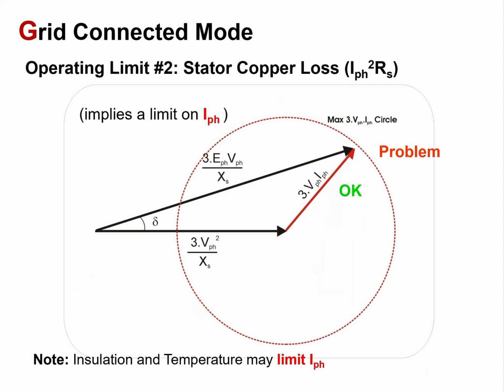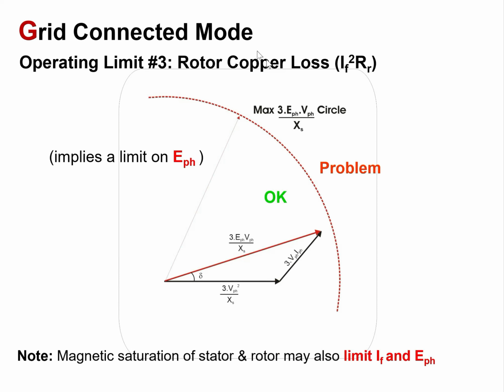The next limiting factor is the stator copper loss, which is determined by this parameter over here. So if there was a loss, this implies a limit on the produced phase current, and this will cause a limitation on the operation of the generator. Another limiting factor is the rotor copper losses, which also affects the excitation voltage.